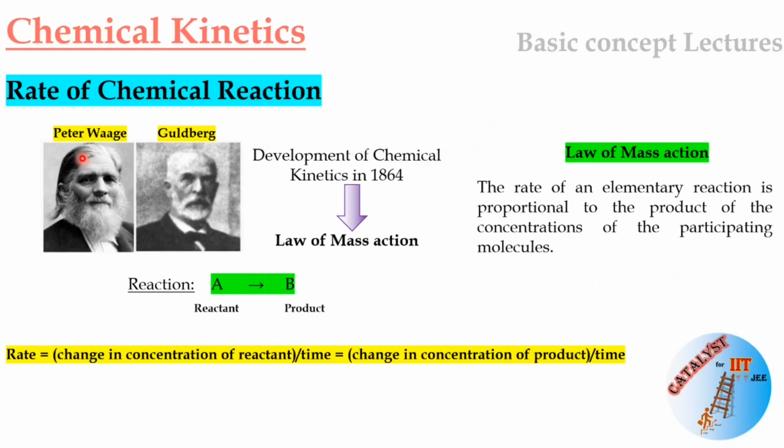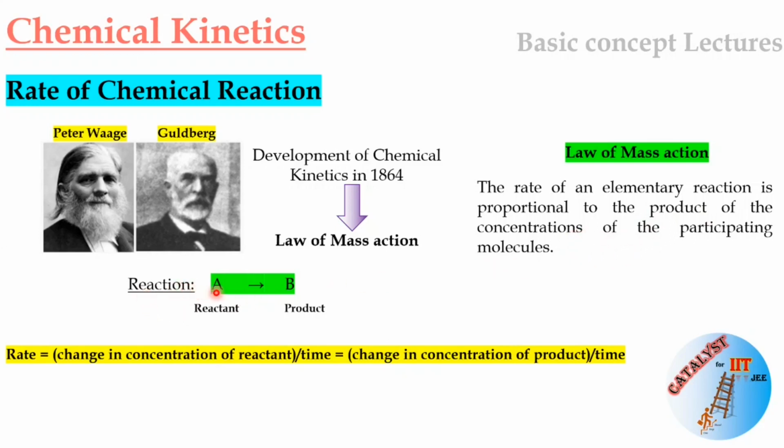Now to see the development of chemical kinetics, one must mention that Peter Waage and Guldberg developed chemical kinetics in 1864. They provided the law of mass action. So what is this law of mass action? It says that the rate of an elementary reaction is proportional to the product of the concentrations of the participating molecules.